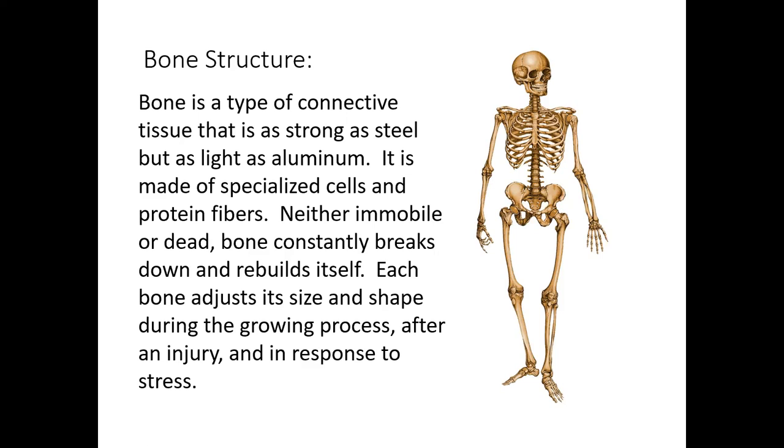Neither immobile or dead, bone constantly breaks down and rebuilds itself. Each bone adjusts its fit and shape during the growing process, after an injury, and in response to stress. All right, so for your number one question, feel free to paraphrase this. I would use the first sentence, but if you're able to write the entire statement, feel free to do so.